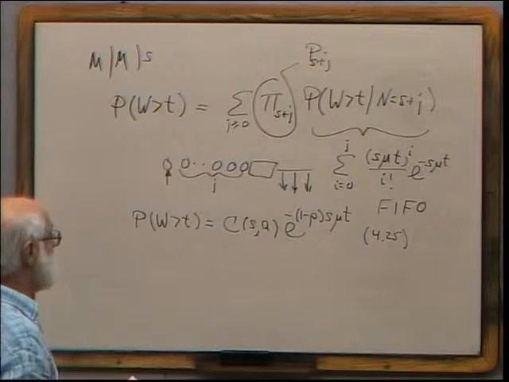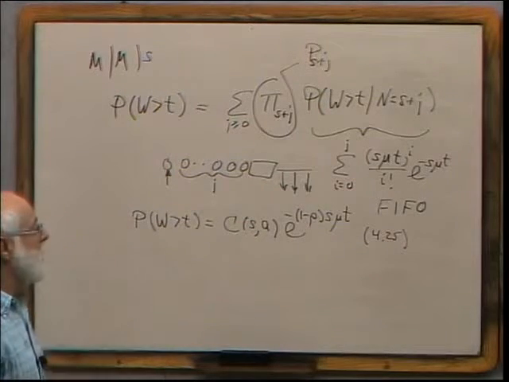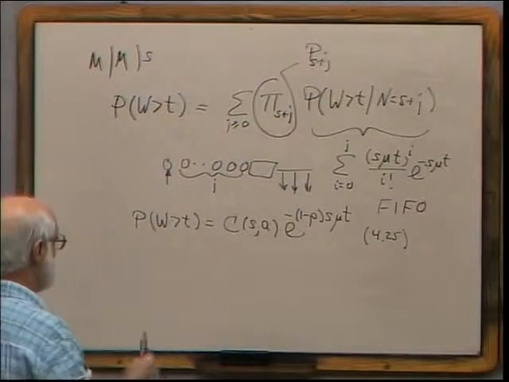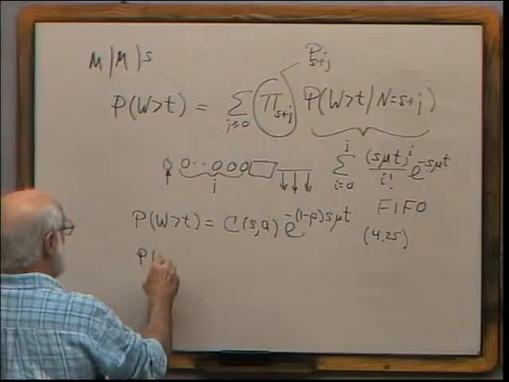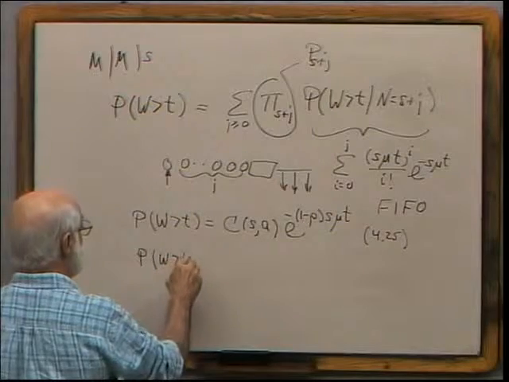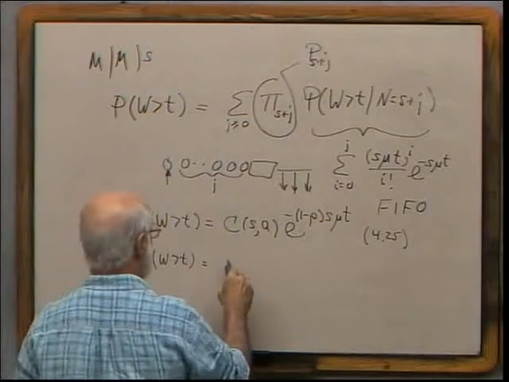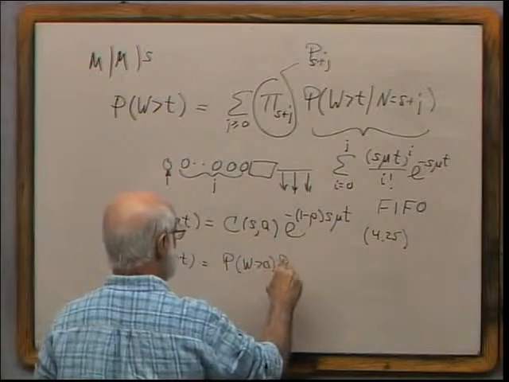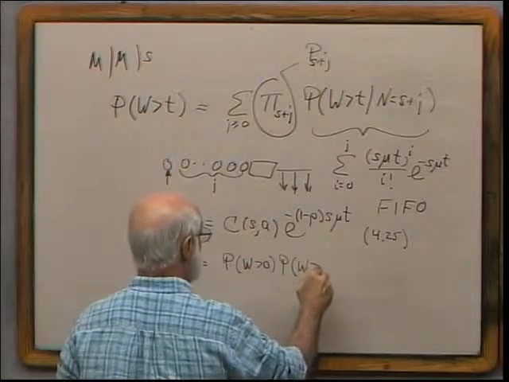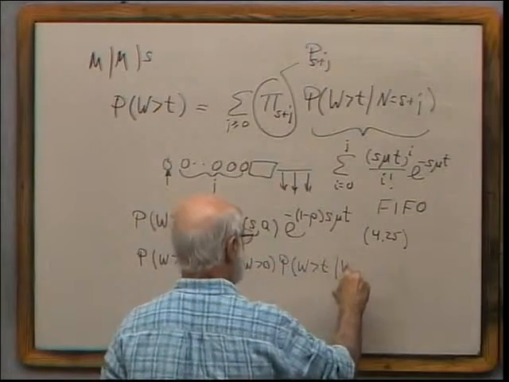And from this, we can get some insights. The first thing is to notice that you can always write that the probability of waiting greater than t is equal to the probability of waiting greater than 0 times the conditional probability of waiting greater than t if you wait greater than 0.